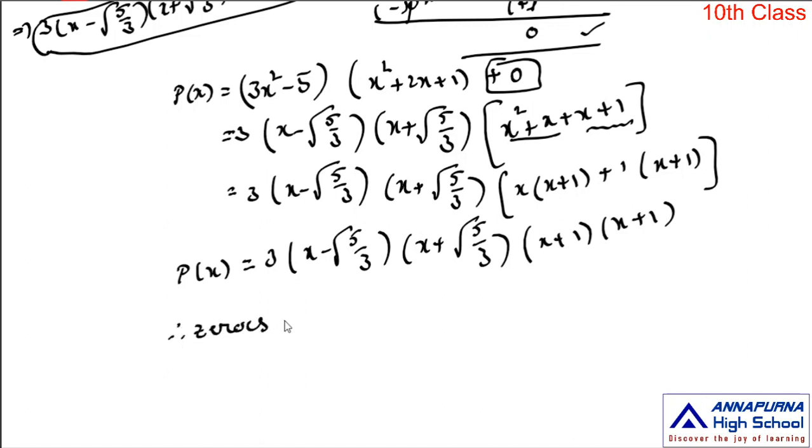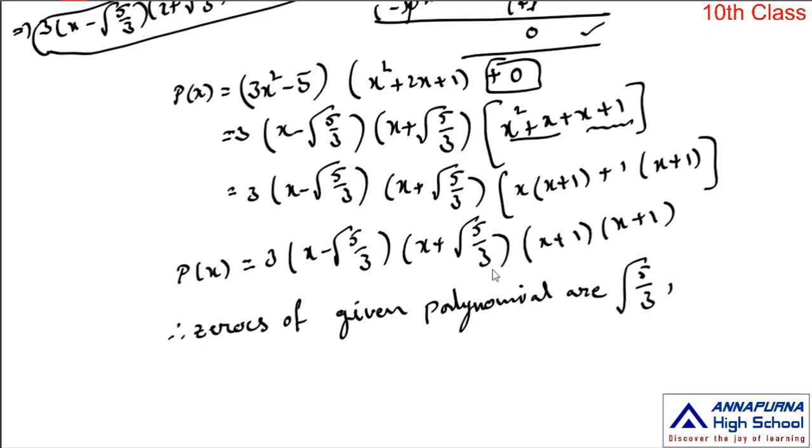Therefore, zeros of the given polynomial: x minus root 5 by 3 is one linear factor, so one zero is root 5 by 3. x plus root 5 by 3 is another linear factor, so minus root 5 by 3 is another zero. x plus 1 is one linear factor, so minus 1 is another zero, and x plus 1 is another linear factor, so minus 1 is another zero.